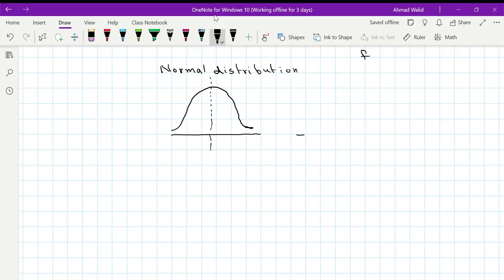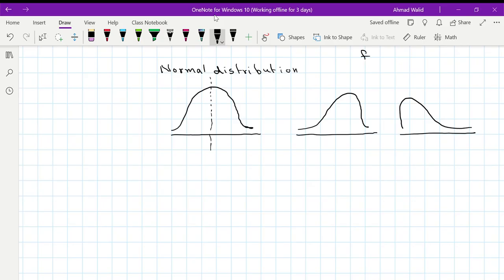But sometimes you see your graph will have this kind of shape, or maybe this kind of shape. Then we will discuss that at that time. We will tell you these two are not normal. The graph has some skewness, is skewed to the left or is skewed to the right.